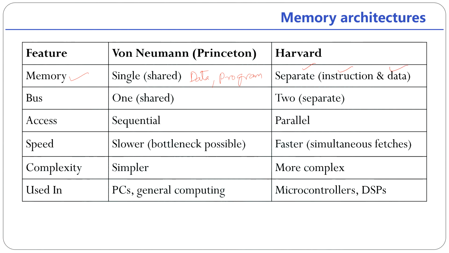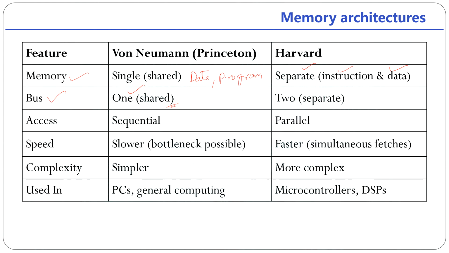Bus. When we are considering the bus, only one bus is provided on a shared basis. But here, two separate buses are provided for program memory as well as data memory for accessing the code or instructions or data.